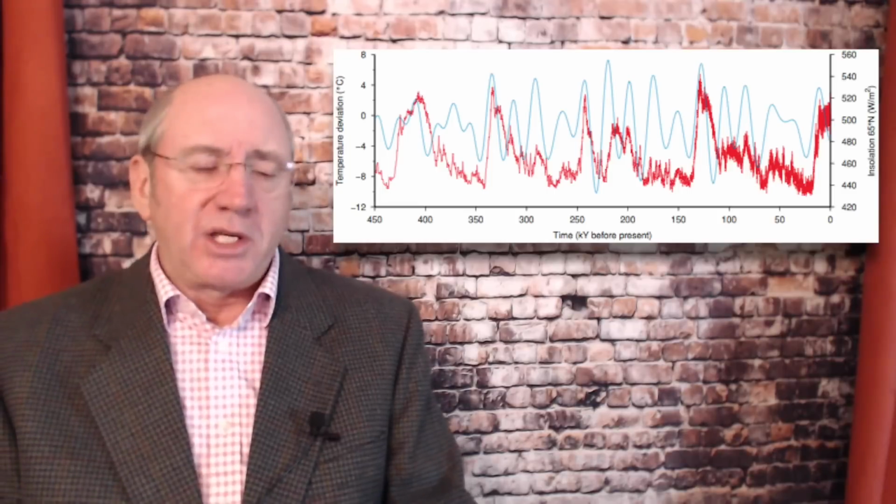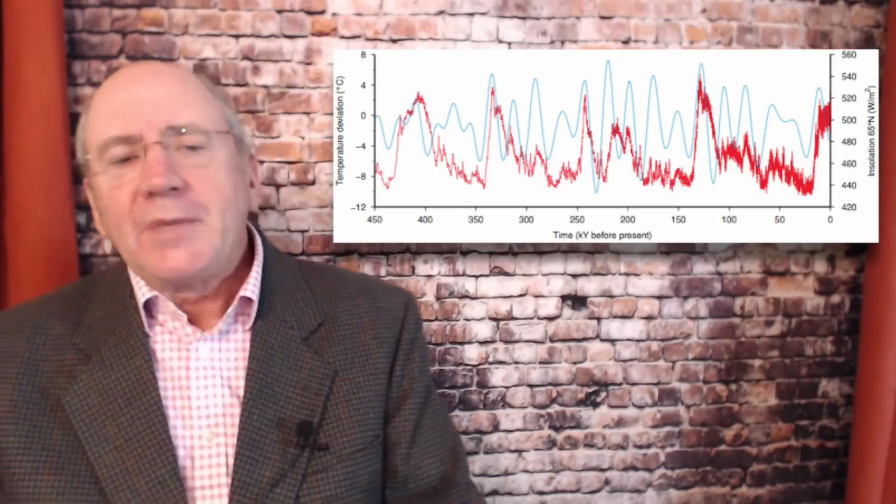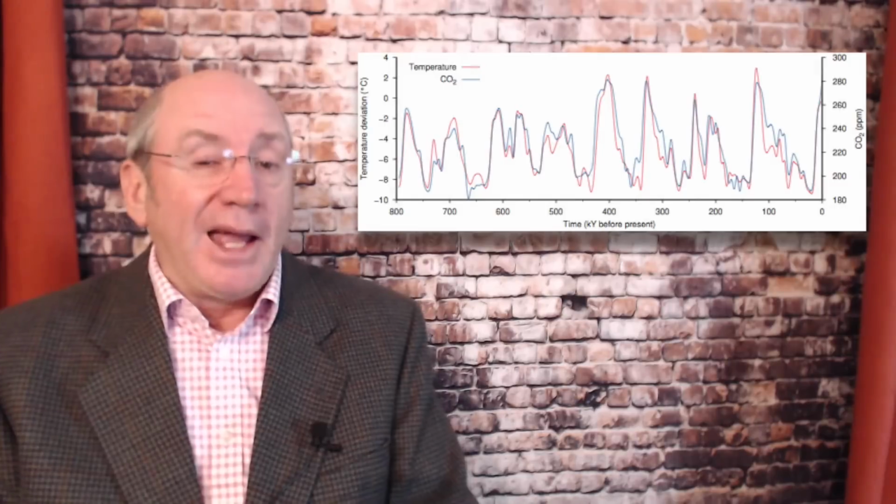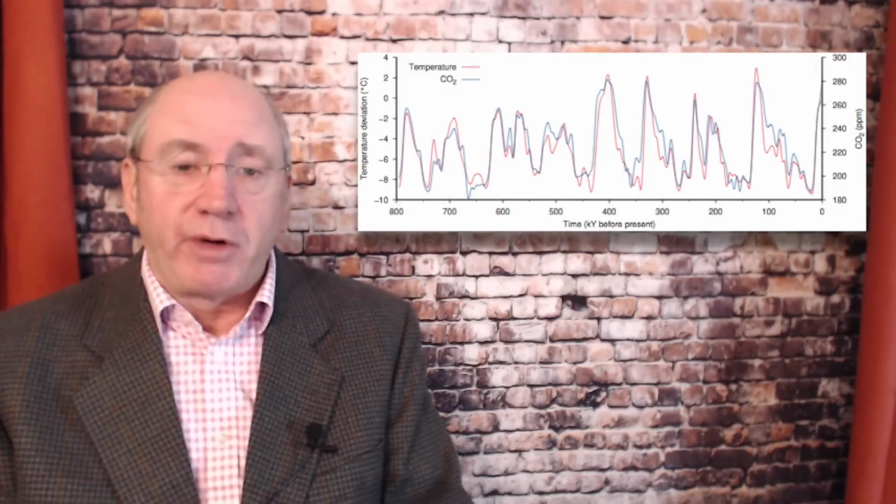And we can perhaps see this feedback system here, because this is the one we're always given. This is a graph of Ice Age temperatures in red versus CO2 in blue. And this is even longer. This is over 800,000 years from left to right.